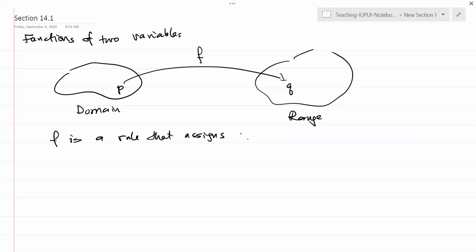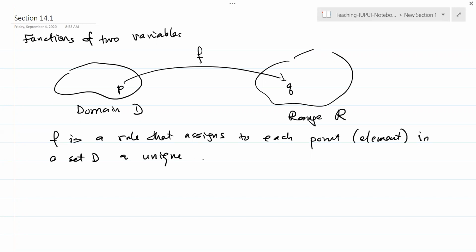A function assigns to each element or point in a set D, called the domain, a unique point or element in the set called the range.